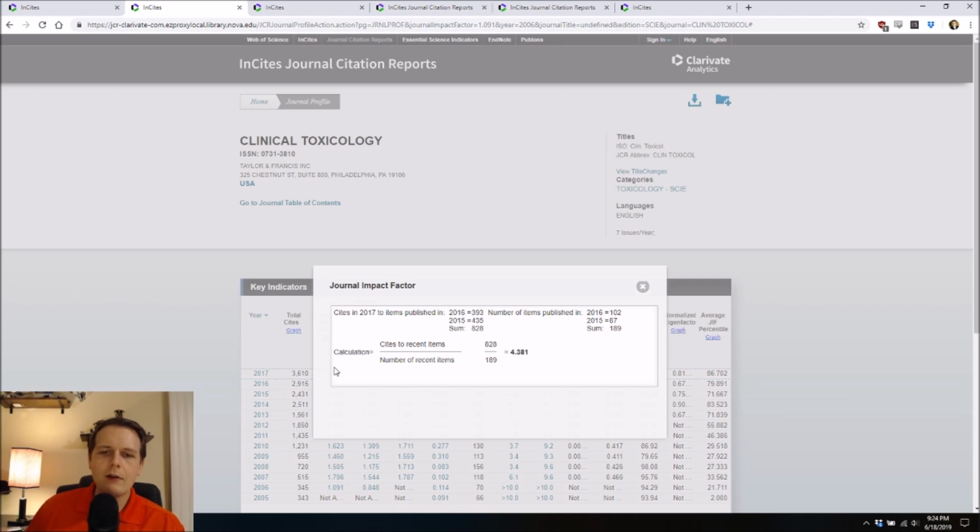Essentially, impact factor is the number of times that a piece of literature within a journal has been cited over the number of items that they've actually published.